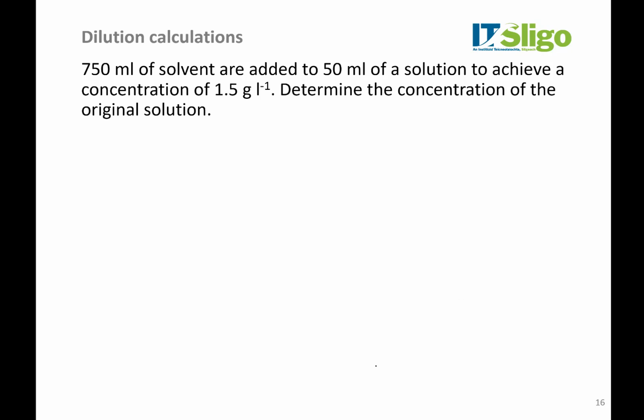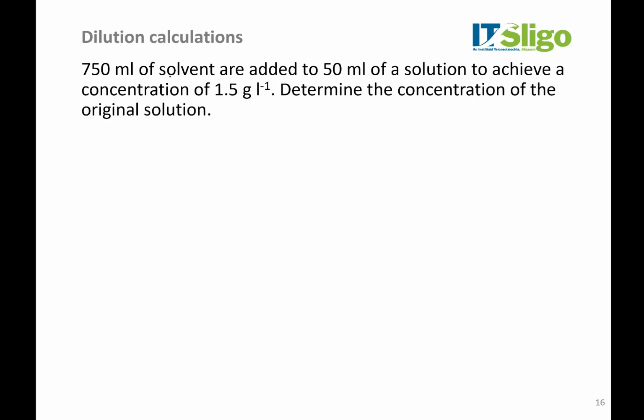One more. 750 mL of solvent are added to, okay, added to, guys, be careful of the language. So 750 mL of solvent are added to 50 mL of a solution to achieve a concentration of 1.5 grams per liter.